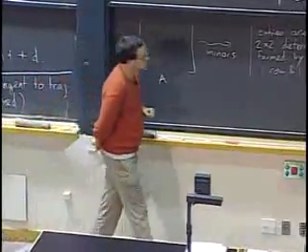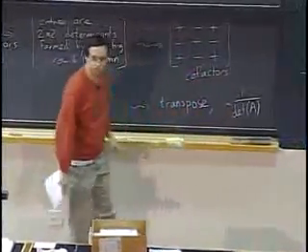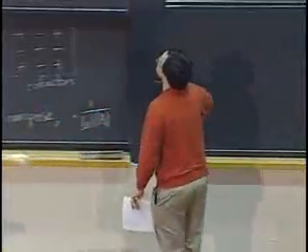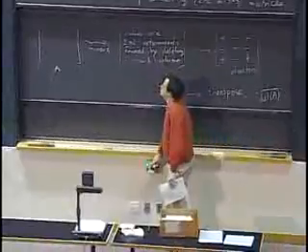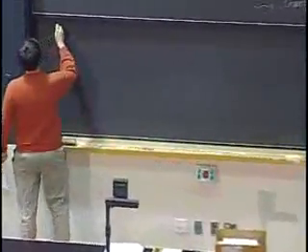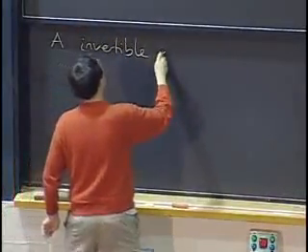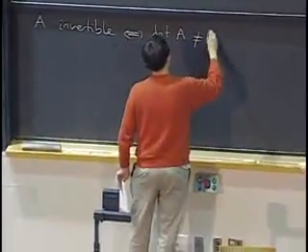But of course, there's one condition, which is that the determinant of a matrix has to be non-zero. So in fact, we've seen that a matrix is invertible exactly when its determinant is not 0.